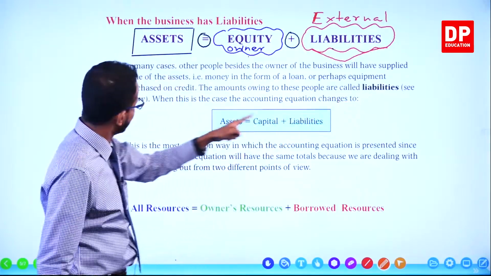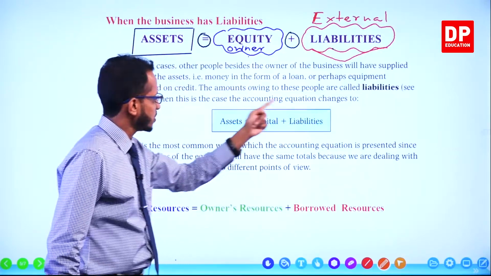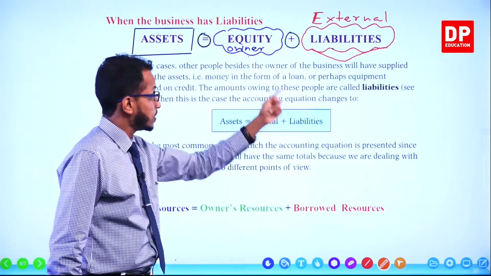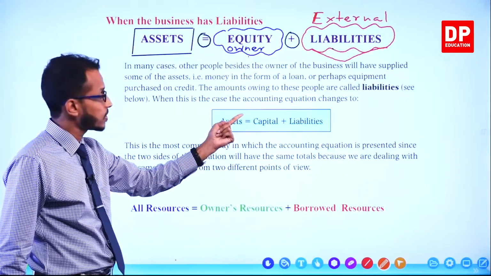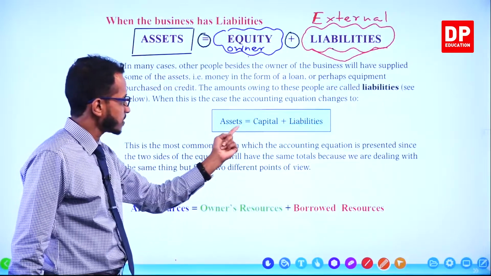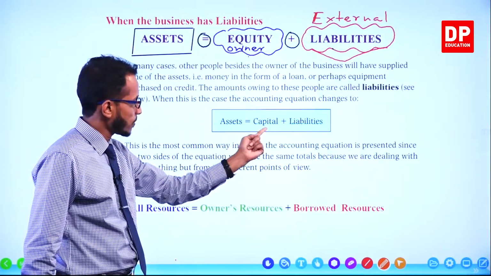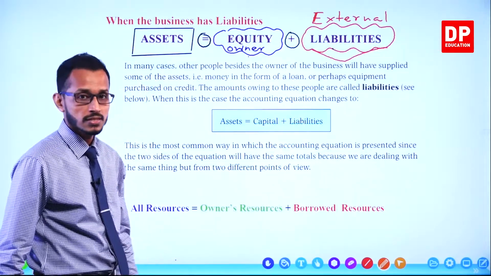We know. When this is the case, the accounting equation changes to assets equals capital plus liabilities. Same thing, children.